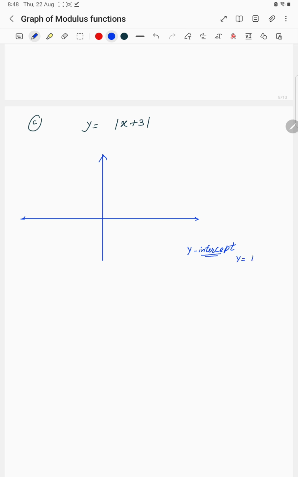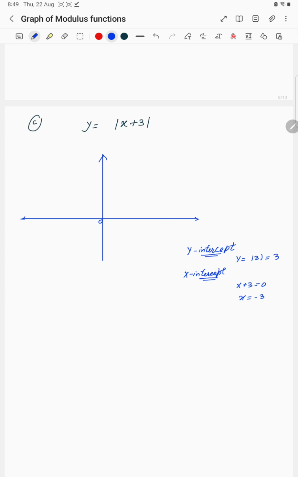So y is mod 3, that is 3. And x-intercept, y is 0 here. So we can say x plus 3 equal to 0, x will be minus 3.